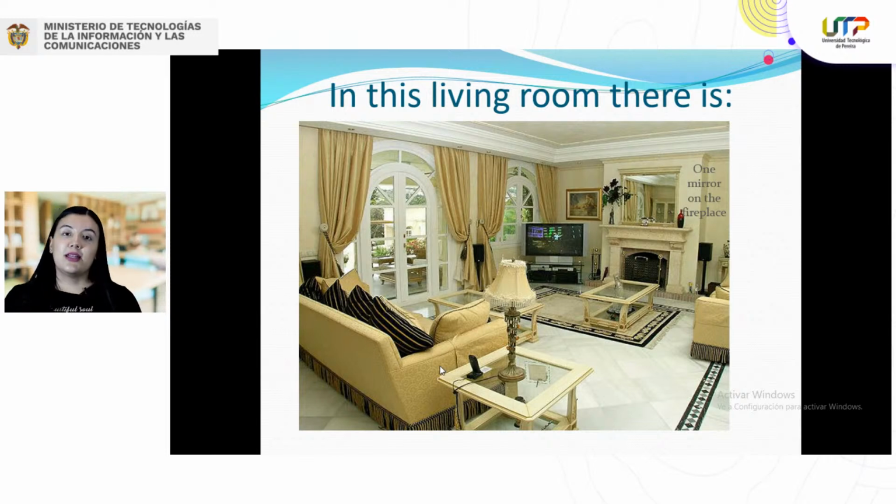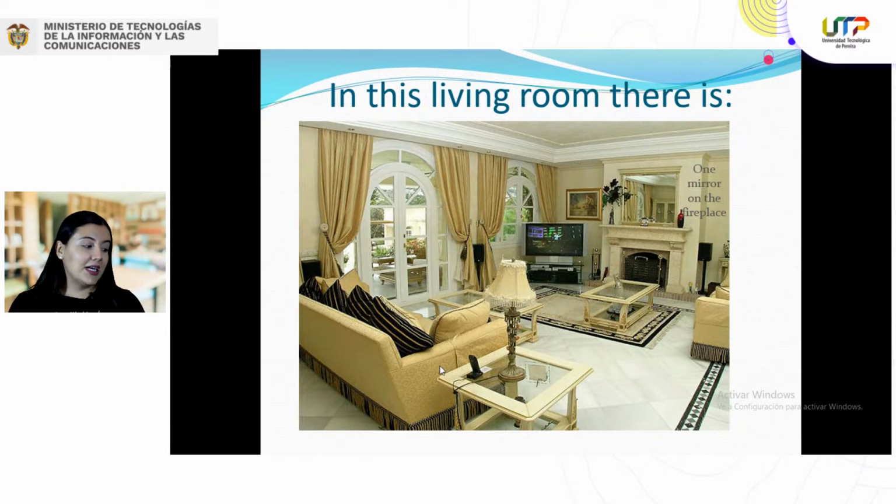Pero también, en lugar de usar el número, podemos usar los artículos indefinidos a o an, que recordemos, vamos a hacer un pequeño paréntesis aquí, que el artículo a lo usamos antes de una consonante, y el artículo an lo usamos antes de una vocal.